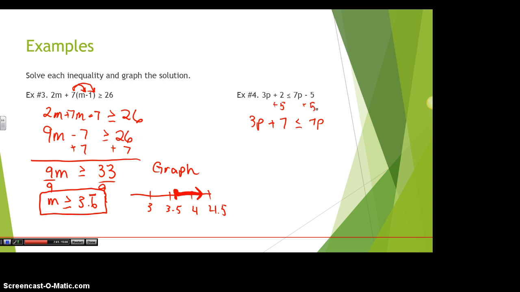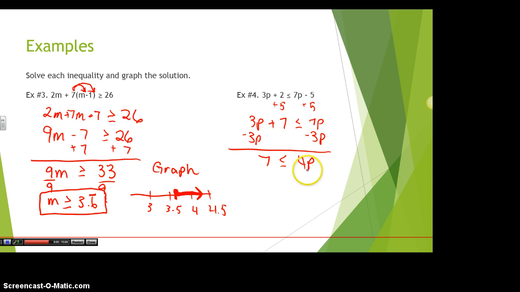Now I want to subtract 3p from each side so that I combine the p's together like terms. So what I'm left with is 7 is less than or equal to 7p minus 3p, which gives me 4p. So I have 7 is less than or equal to 4p.